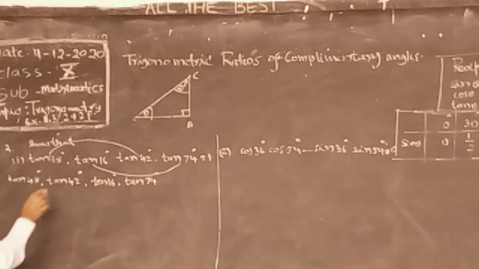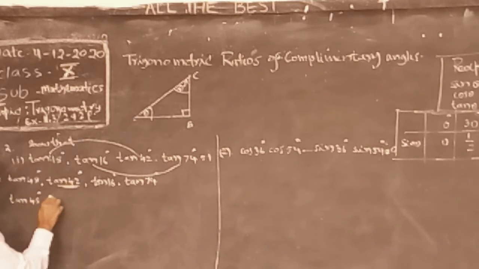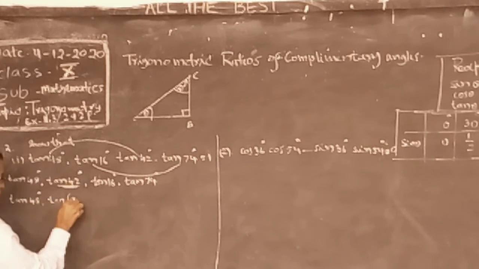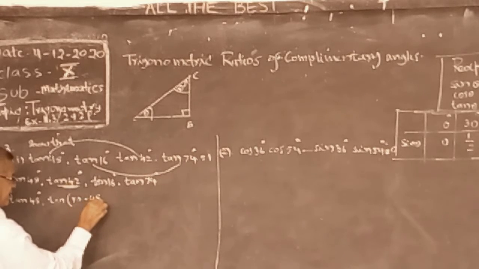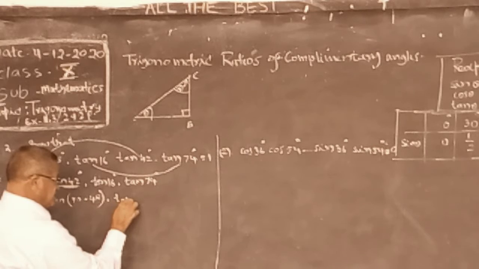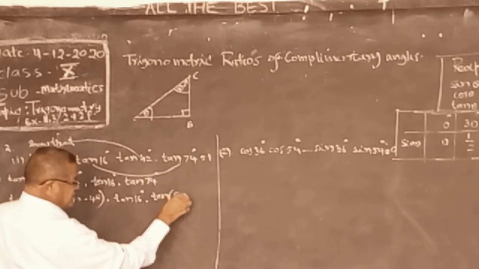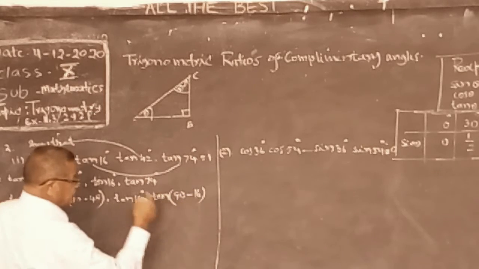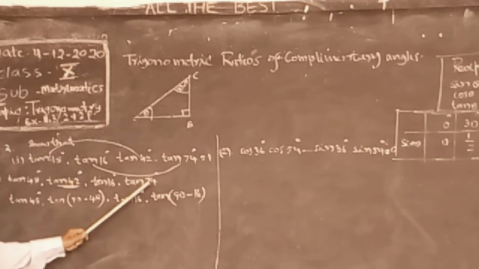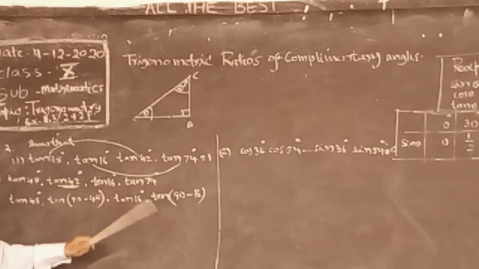Now write it as tan 48 degrees into tan of 90 minus 48, into tan 16 degrees into tan 90 minus 16. 74 can be written as 90 minus 16.